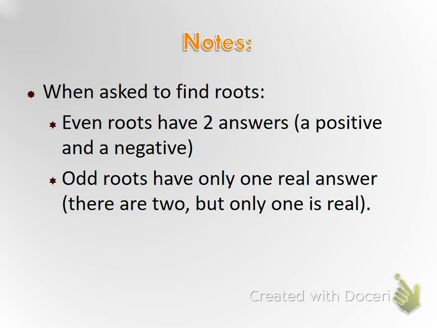We've talked about that. When we take a square root, we had a positive and a negative. Odd roots, so like a cube root, the 3rd root, the 5th root, odd roots have only 1 real answer. There are 2, but only 1 is considered real, like a real number.